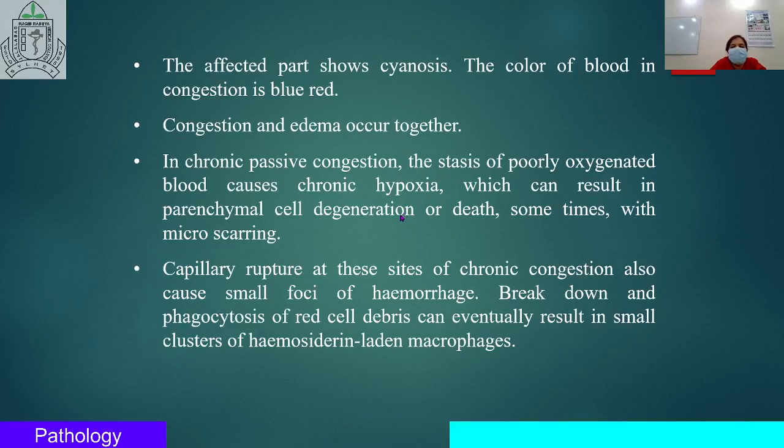We know cell death in living tissue means necrosis, and one of the important causes of necrosis is hypoxia. In other words, chronic passive congestion causes chronic hypoxia. Ultimately, there is cell degeneration or cell death. Clear?